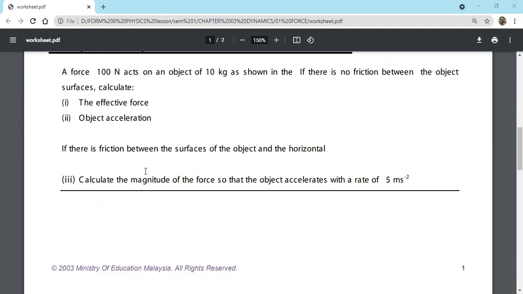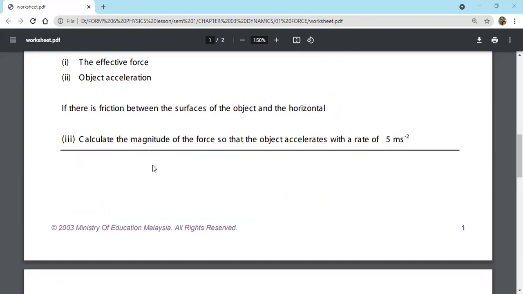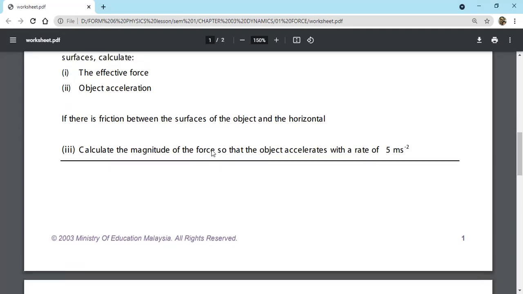If there is a frictional force between the surface and the object on the horizontal, calculate the magnitude of the force so that the object accelerates at 5 ms^-2. Now, let's say we have an object, still the same object.